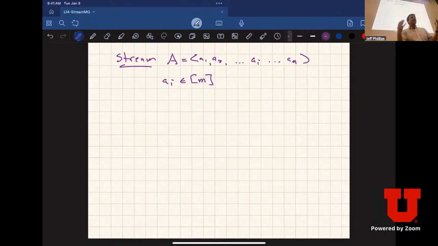Remember we talked about this sort of model in the early part of the semester. Think of the space of size m as IP addresses. If you're sitting on a router, keeping track of something about the IP addresses they're sending to or from seems like something that would make sense.